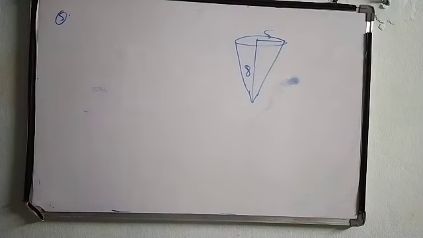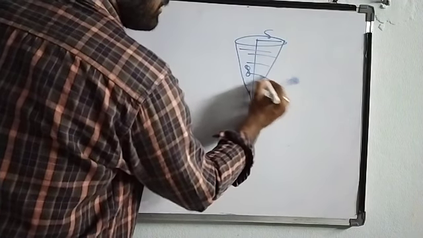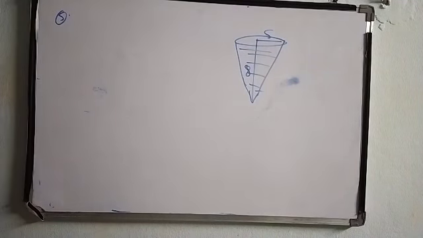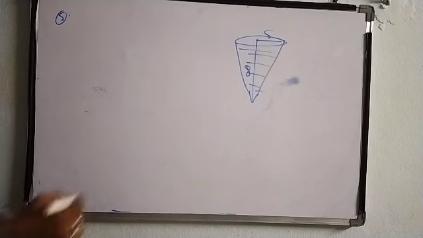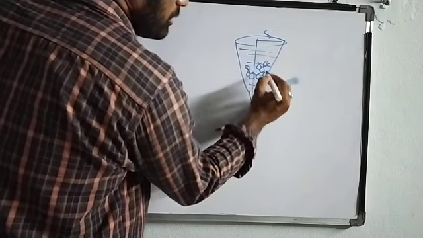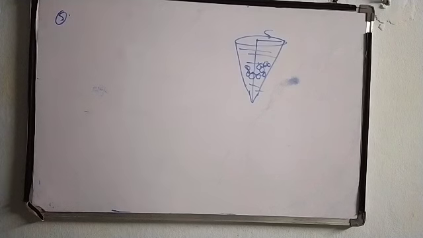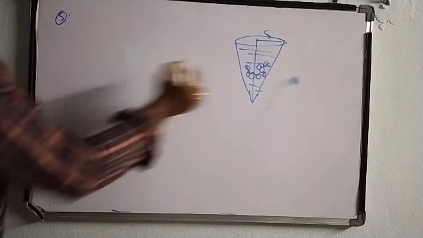It is filled with water up to the brim. So we are throwing lead shots of spherical shape of radius 0.5 centimeter into this. These lead shots are spherical in shape, and 1/4 of the water flows out. Find the number of lead shots.